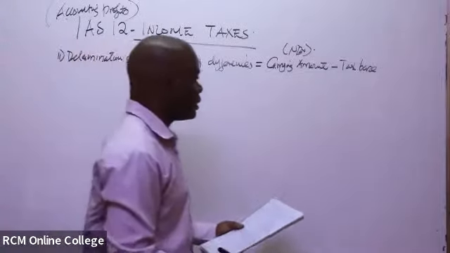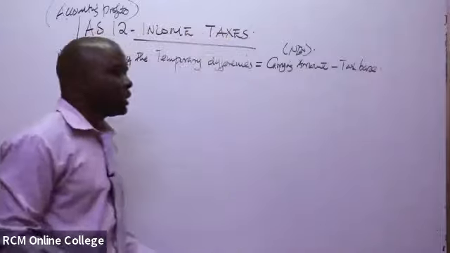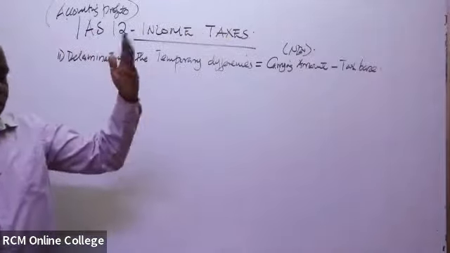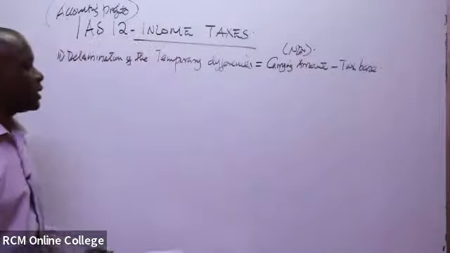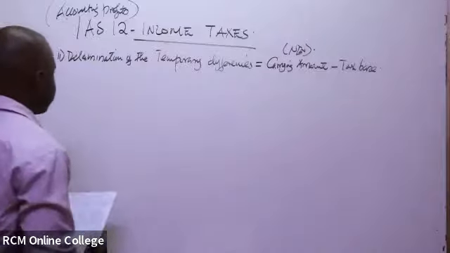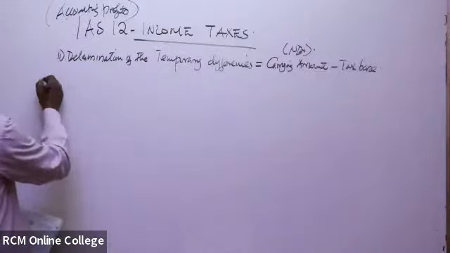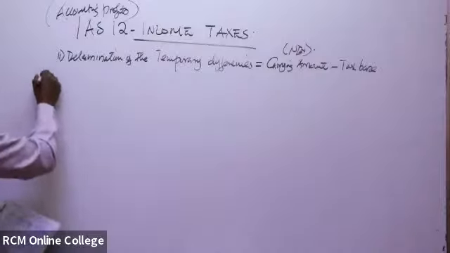The tax base, in this case, you take the cost minus the wear and tear, because the language the taxman understands is wear and tear. Then the difference gives us the temporary difference. So we can go to have our table here. Hope you people are able to see the period.